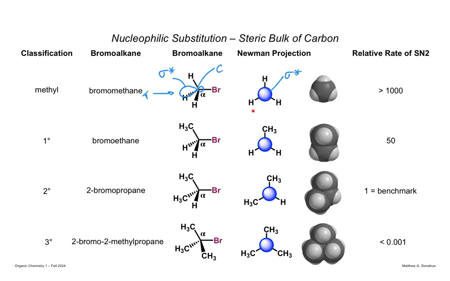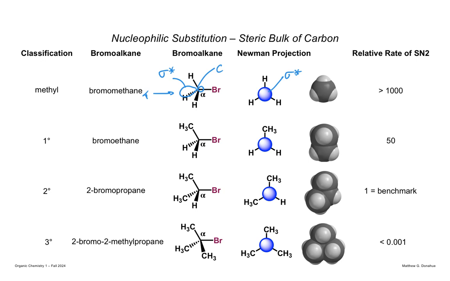If the carbon bearing the leaving group has 3 hydrogens, that orbital is pretty accessible. But as you start substituting methyl groups, you'll see that area on this space filling model decrease. The white thing is the hydrogen. Now if we substitute a methyl, you'll see that area decrease. Then we have 2 methyls and then 3 methyls, and at that point the area is pretty small, you barely see it. So it's really about accessibility of the lone pair to that orbital.